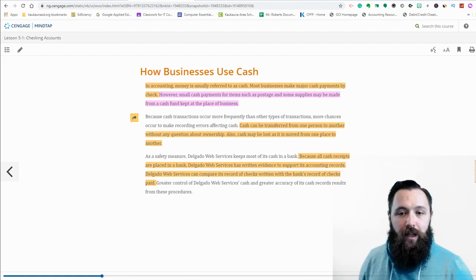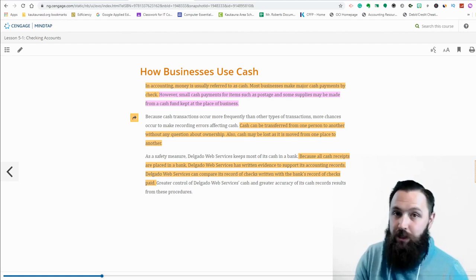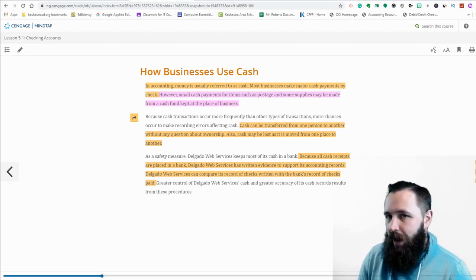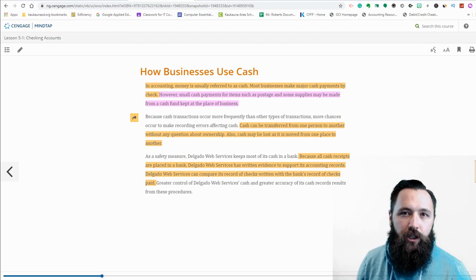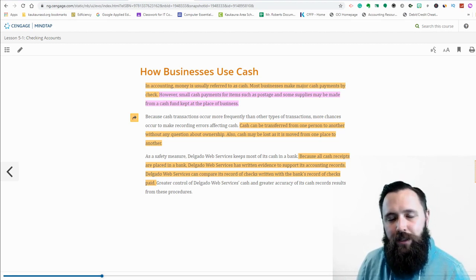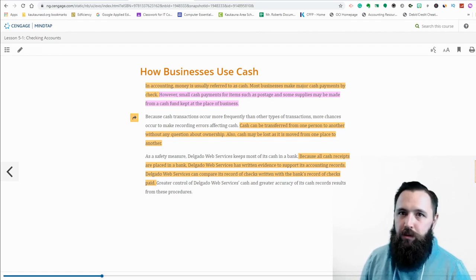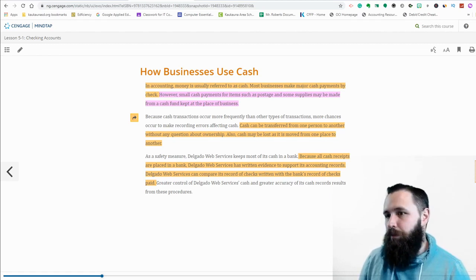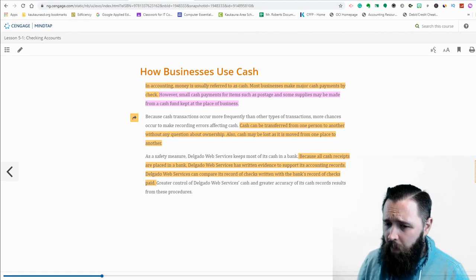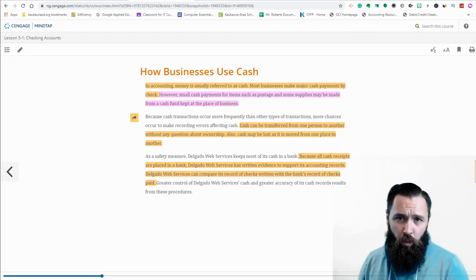It says on the next line, some small cash payments for postage or supplies may be used if we have a fund, which we'll look at in chapter 5, called a petty cash fund. That's just some cash that we might have on hand to buy something really small like stamps or pencils or staples. But when it comes to almost everything else, we're going to use a check.